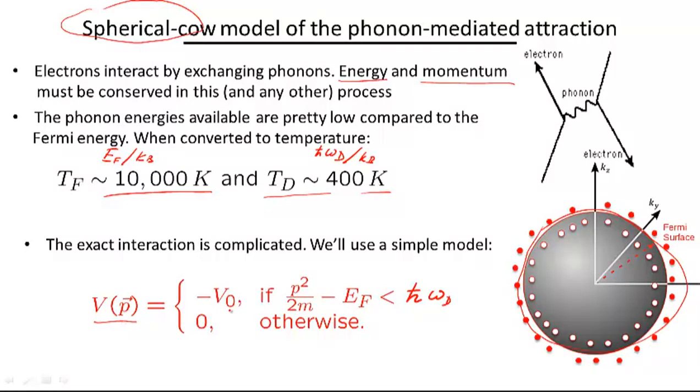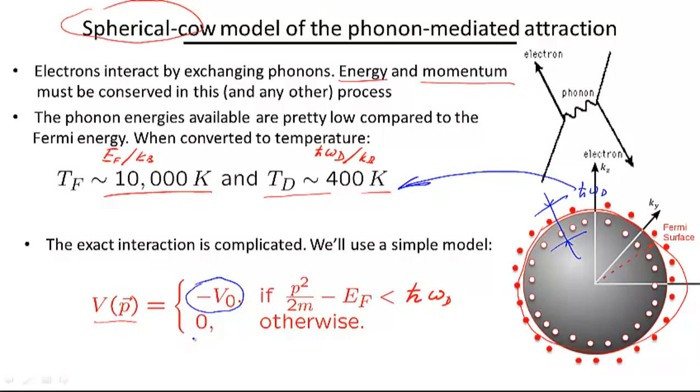And what it tells us is that the 2 electrons attract each other if they're located in a narrow shell near the Fermi surface, and the width of this shell is of the order of this phonon energy. So basically, if 2 electrons can exchange phonons, they do so, and this results in the attraction, which is manifested here through this negative coefficient, and V naught is some constant. And if 2 electrons are located beyond this narrow region, then they don't have a mechanism to attract each other, and their interaction therefore is 0.